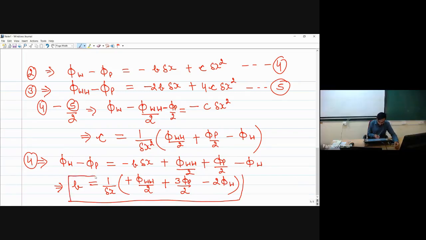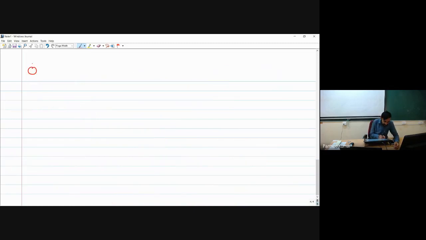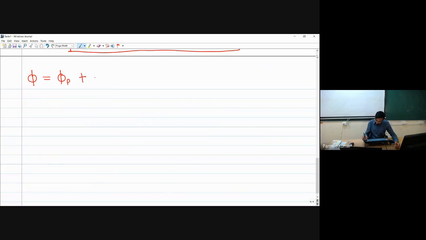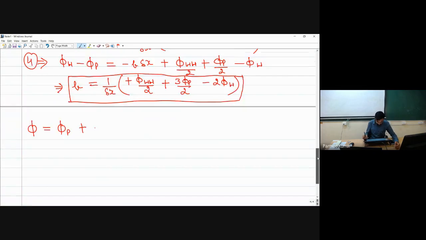So now I have obtained the values for B and C. So what will be my phi expression now? I will be substituting. So phi will become A, which is nothing but phi P, plus B into x. Now my expression of B is, can you tell me what is B?